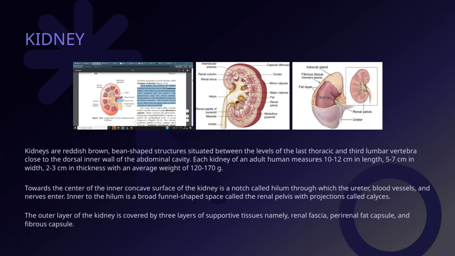Their average weight is roughly between 120 and 170 grams. Understanding these structural features helps us appreciate how the kidneys efficiently perform their vital role in filtering blood and maintaining overall fluid and electrolyte balance within the body.